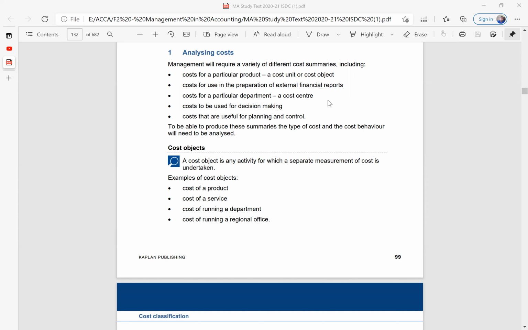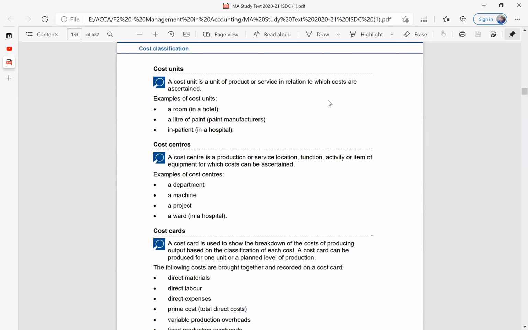Yes. Now moving towards cost units. A cost unit is specifically that product or service for which the cost is going to be incurred. For example, they have mentioned a room in a hotel. The main reason why a hotel gets income or makes money is that room only.